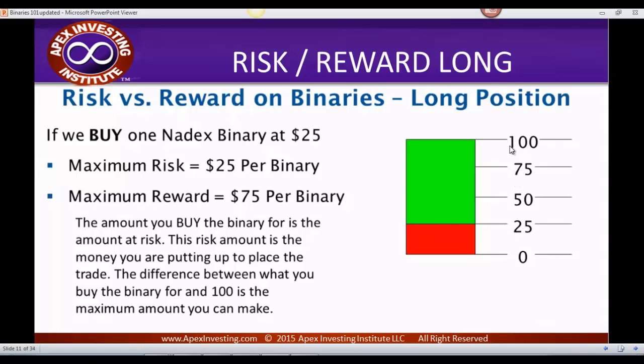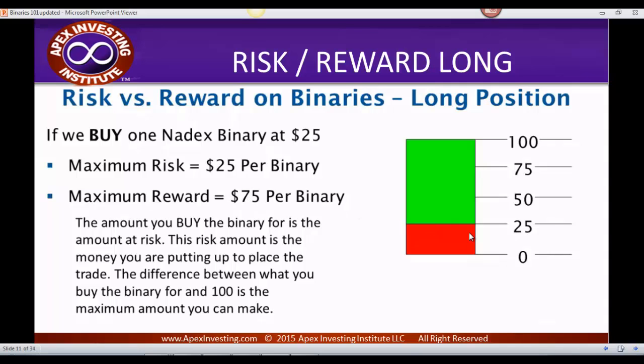So you're buying a binary for $25, and let's say you're right and the market went up and it expired in the money. We'll talk about what that means. It expires with the statement being true, then that binary is worth $100 at expiration. So your maximum reward was $75. You bought it for $25, you were right, it expired for $100, so your max profit was $75. The amount you buy a binary for is the amount of the risk.